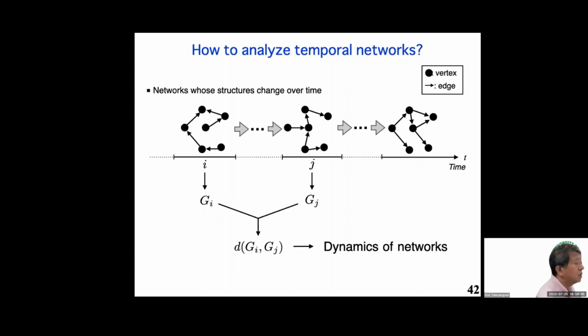So as you can see in this slide, we will consider how to analyze the dynamics of the temporal network by calculating the distance between the states of the network at each time window, and we evaluate the temporal evolution of these different distances over time.